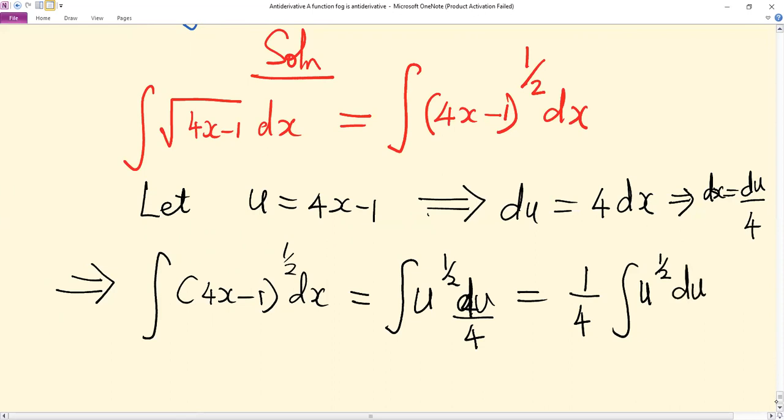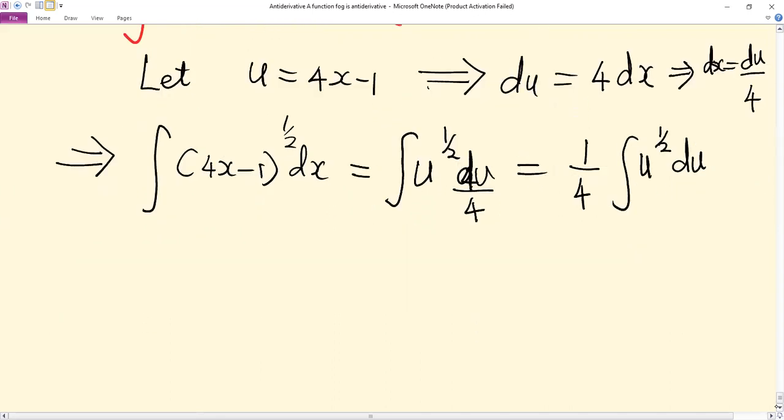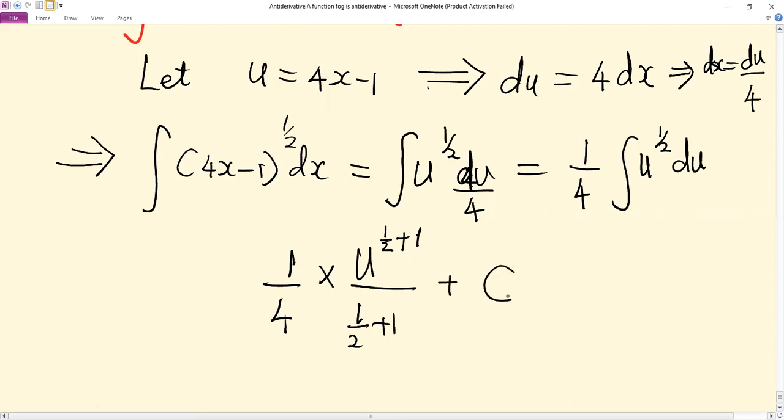So this new integral in terms of variable u can be evaluated by power rule. So say a quarter times u raised power half plus 1 divided by a half plus 1, then you add constant c. So a half plus 1 is 3 over 2.